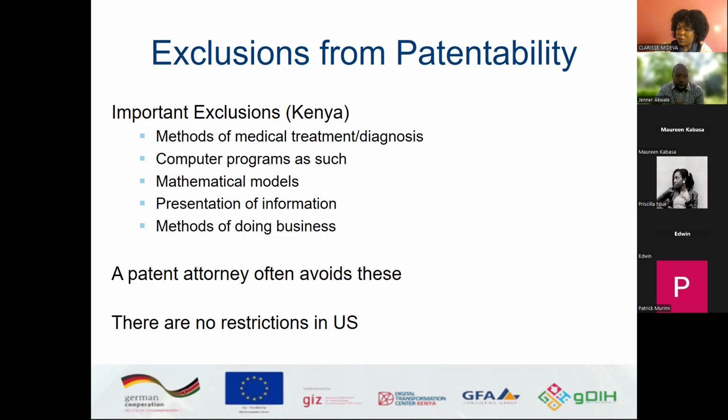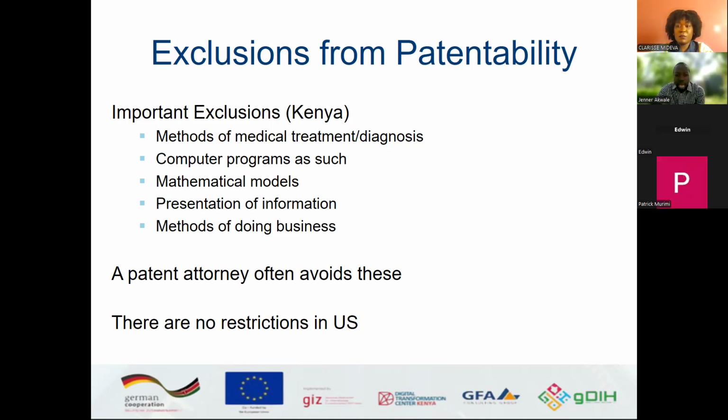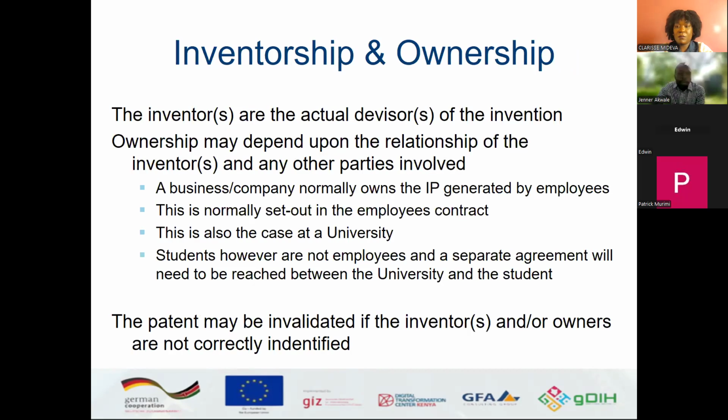So generally, there are not many restrictions in the United States, and the US has been trying to improve their laws to ensure that every inventor has their rights protected. We are hoping that as a country we are going to get a national IP policy, which will be looking at some of these things. How can we improve our laws so that it takes care of so many other inventors and creators and all that?